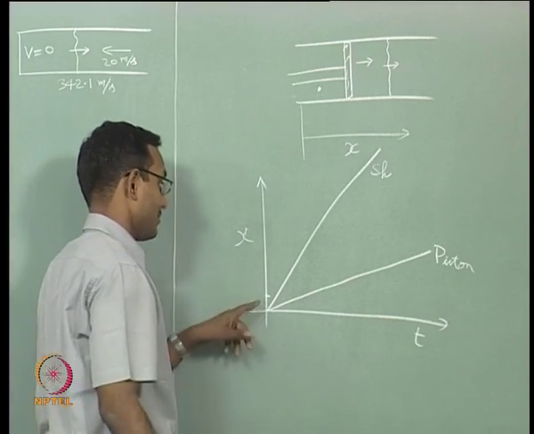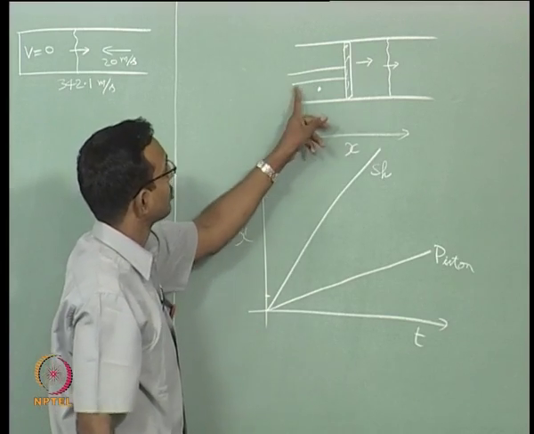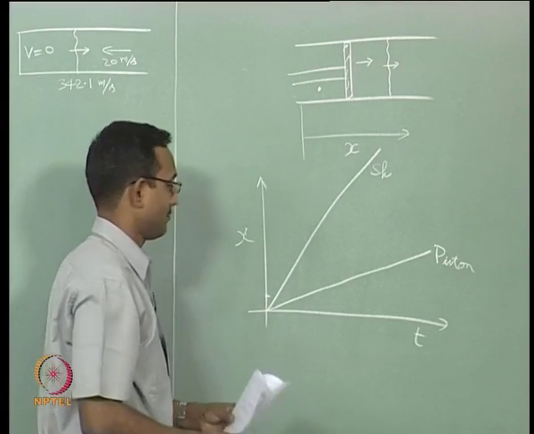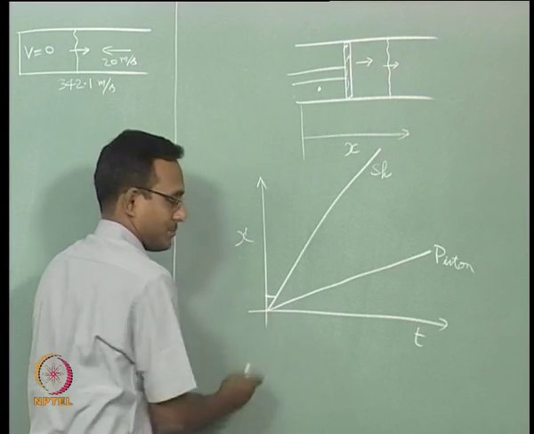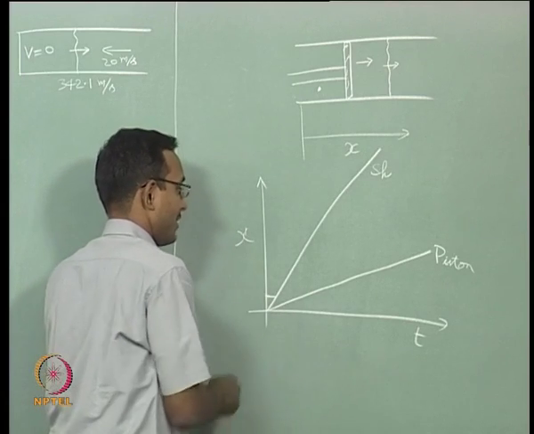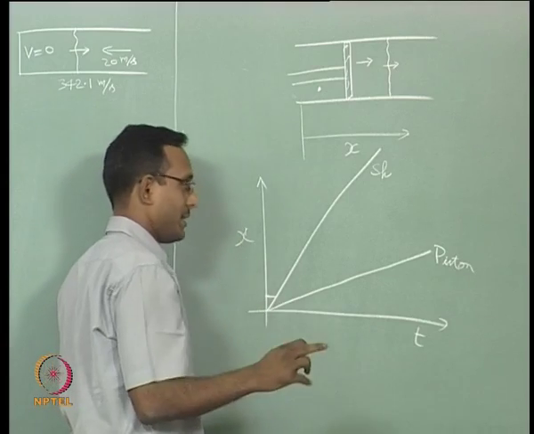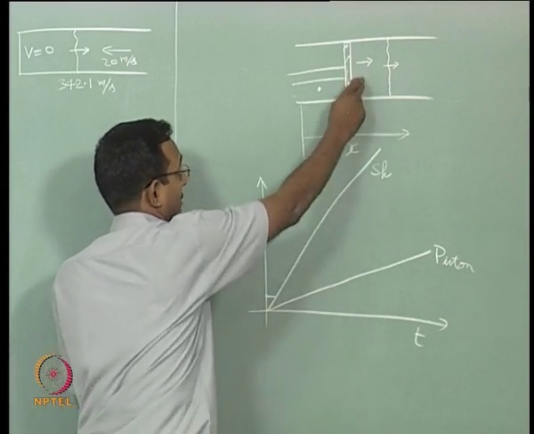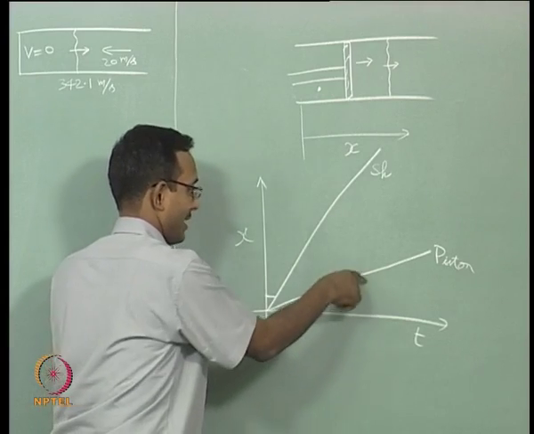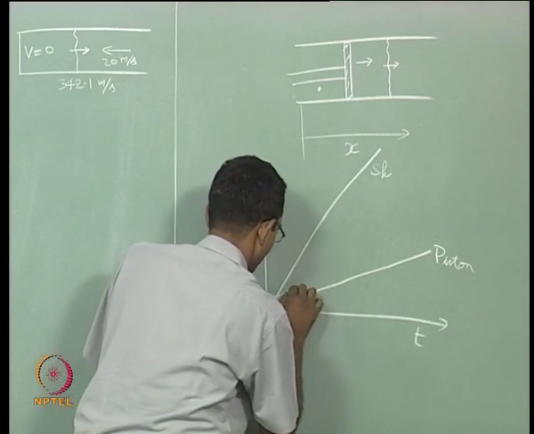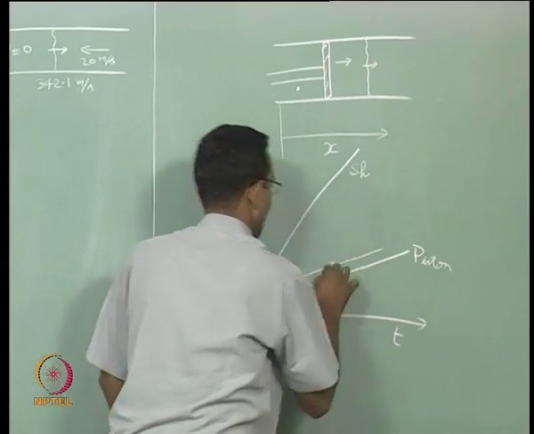It will not move till the shock crosses this point, which means it will be at the same x for a set of time values. After that, it will have a speed which is the same as the piston velocity. So, it will have a slope on this plot parallel to the piston slope, that will look like this.